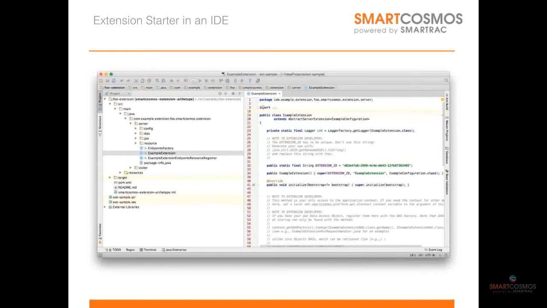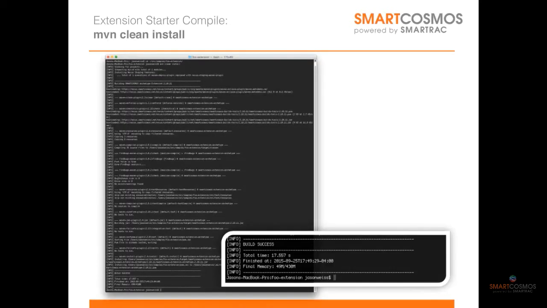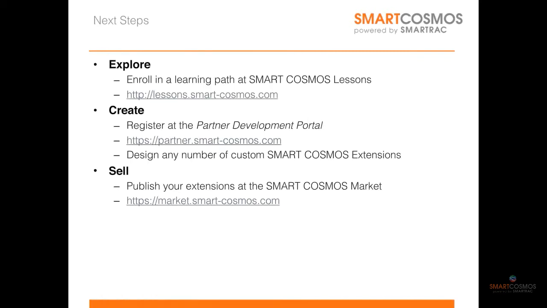Over time, this archetype will generate additional examples, but for now it focuses primarily on server extensions. If no modifications are made whatsoever to the sample code generated by the archetype, you can drop down to the command line and issue a Maven clean install, and it will successfully compile all of the various artifacts included from the generated archetype code. At this point, your development environment for Smart Cosmos objects extensions is set up, complete, and verified.